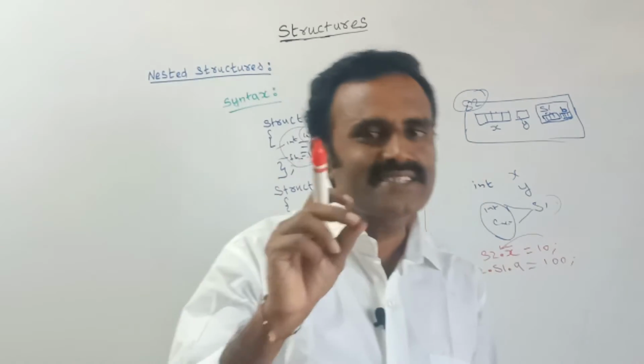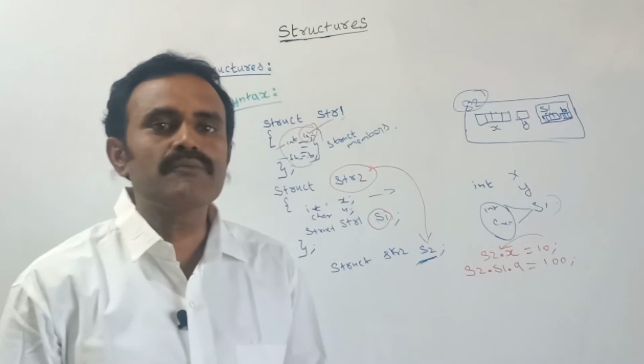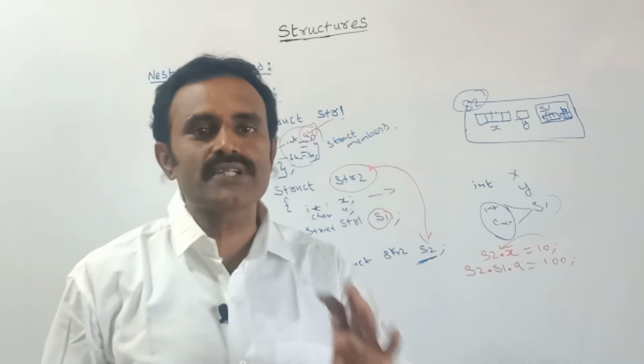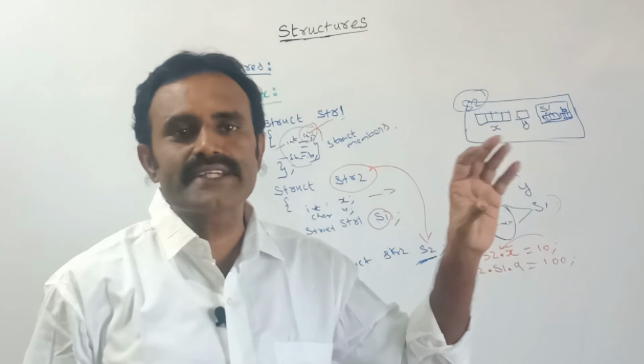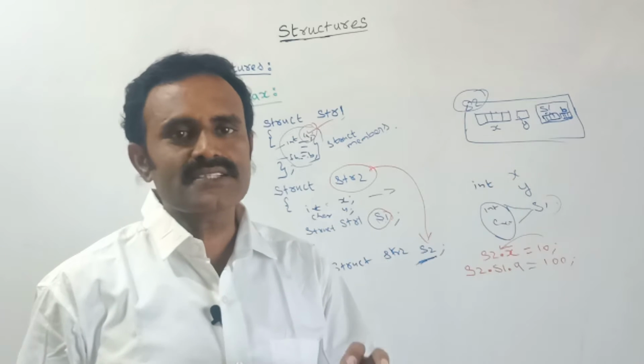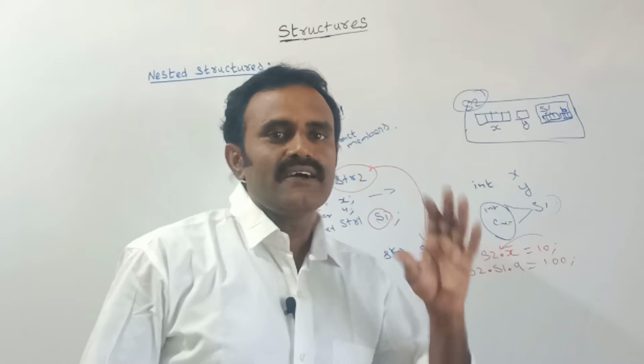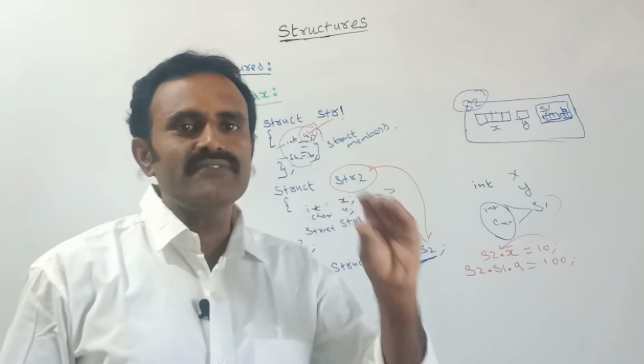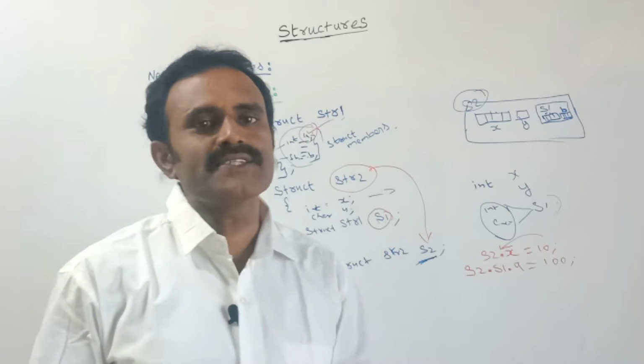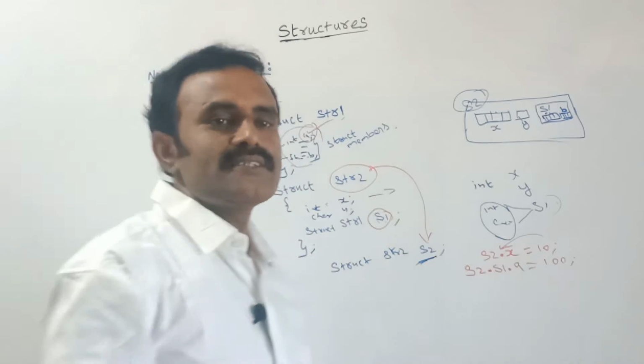Now let us see this simple example. Here I am going to create two structures. First structure name is course details structure. Second structure name is staff details structure. So here we are going to store the staff and the course details with the help of these nested structures.